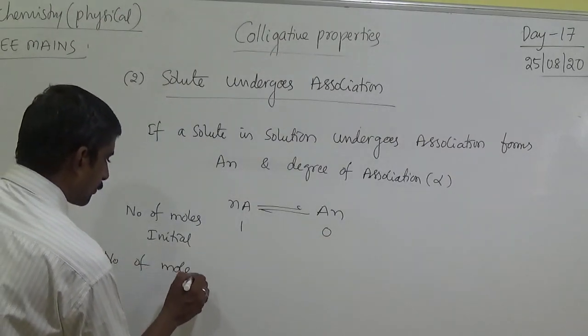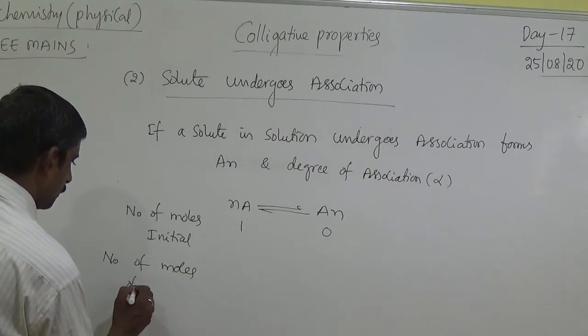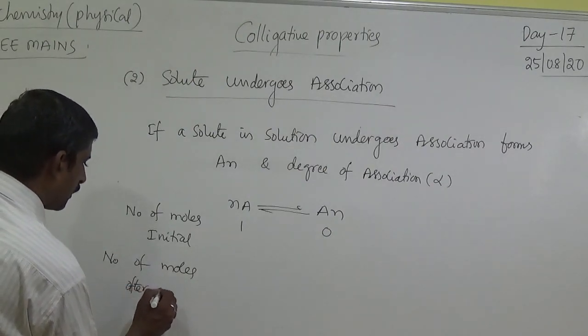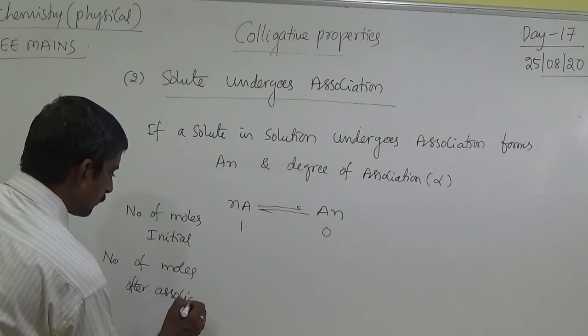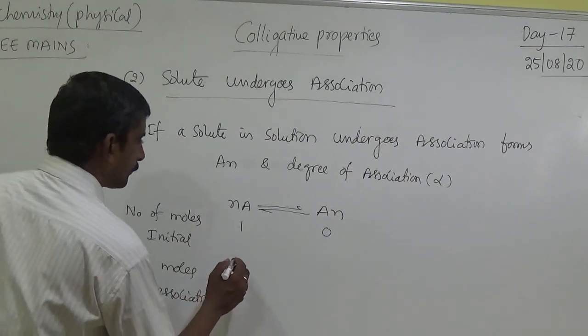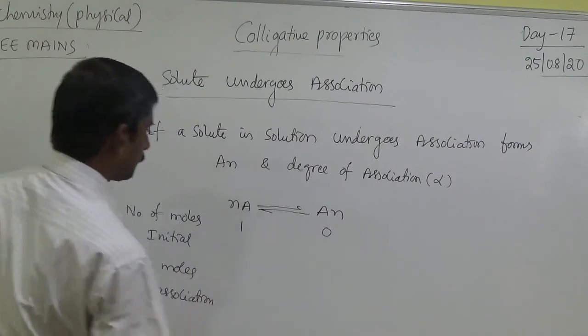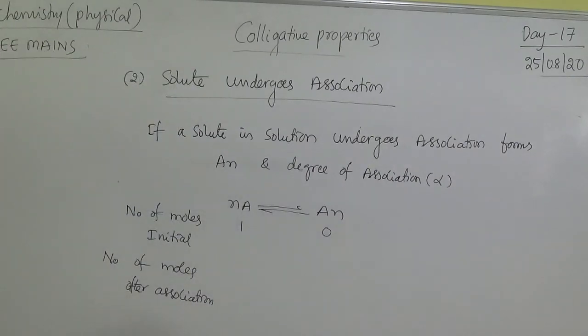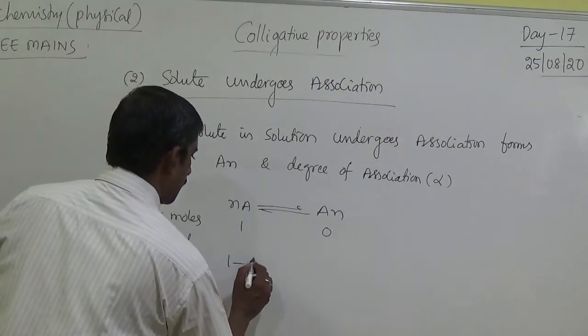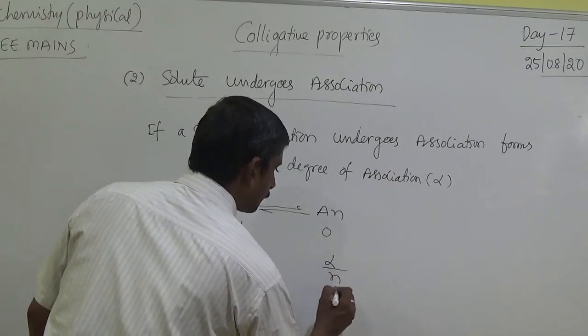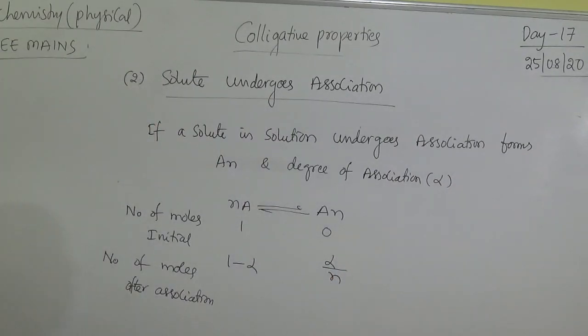Number of moles after association: 1 minus alpha, and alpha by n.